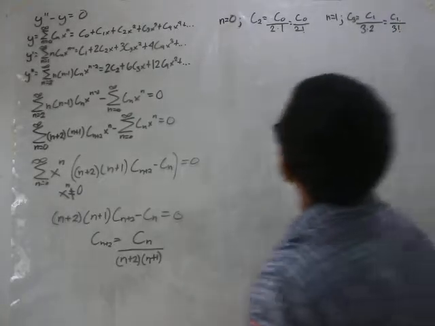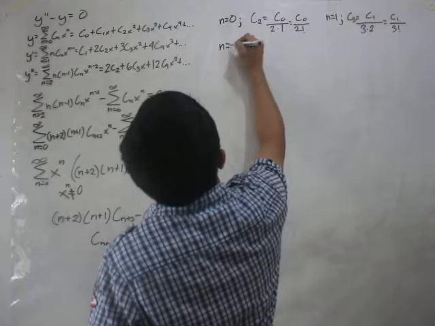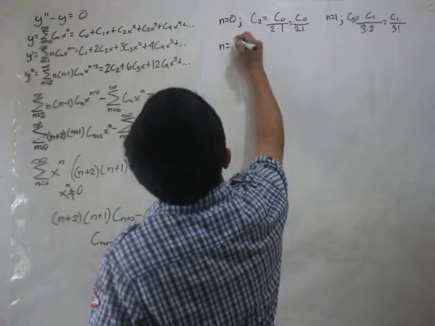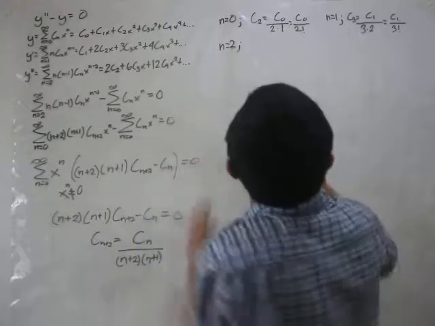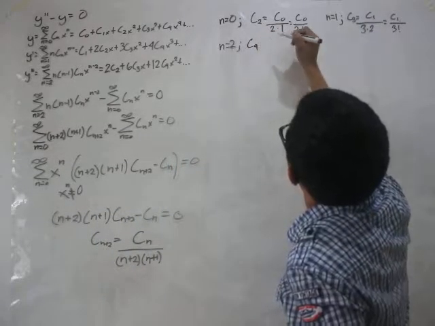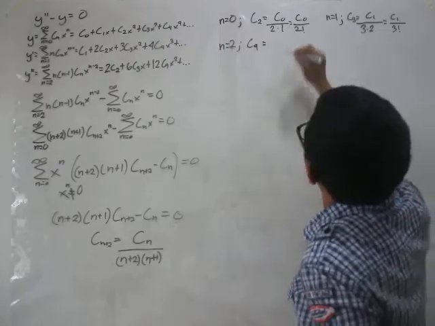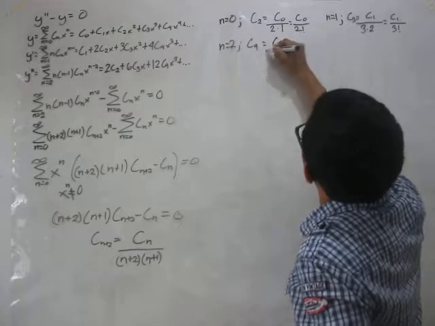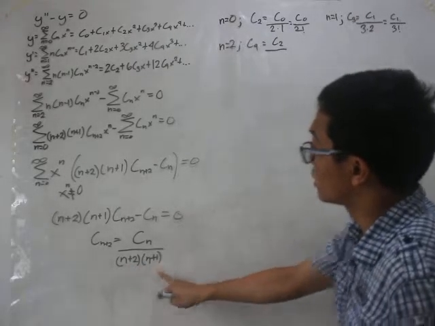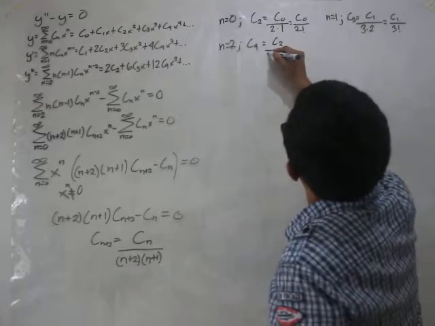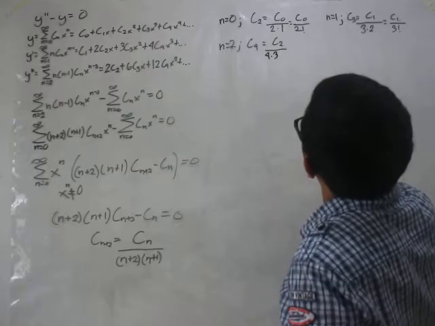Next is n equal to 2. So if n is equal to 2, we have c4 is equal to c2 all over 2 plus 2 is 4 times 3.